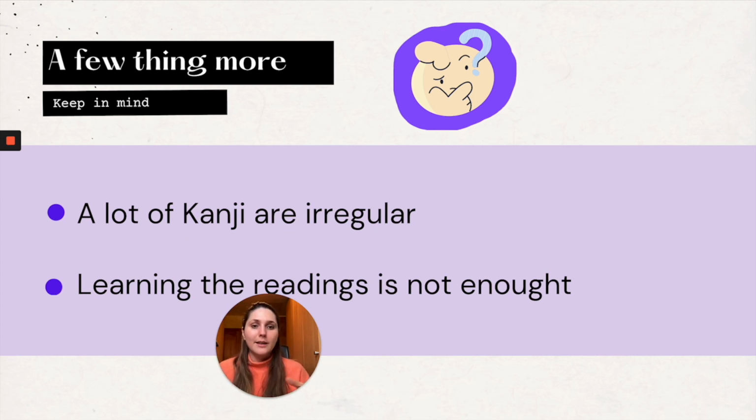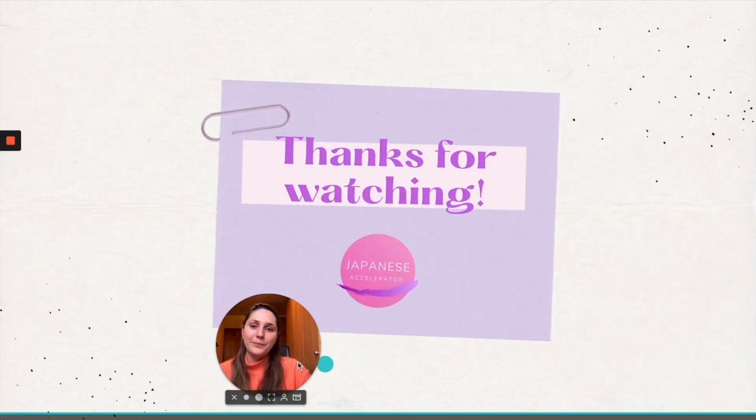So just learning the readings, the onyomi, kunyomi, and the meaning is not enough in itself. We do need to see a lot of words as examples. So that's why I will do videos for you to see the kanji in context, with words, so you can learn it more easily and you can see a lot of readings for the same kanji in words and context.